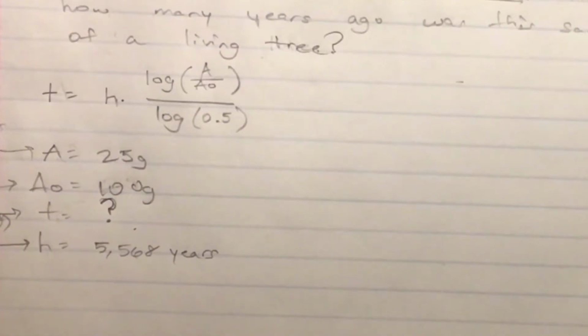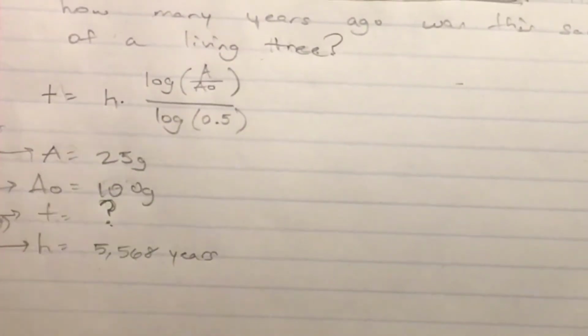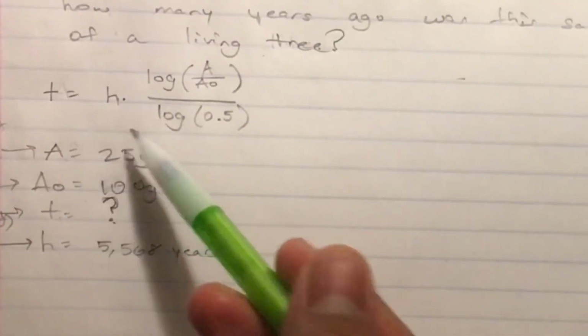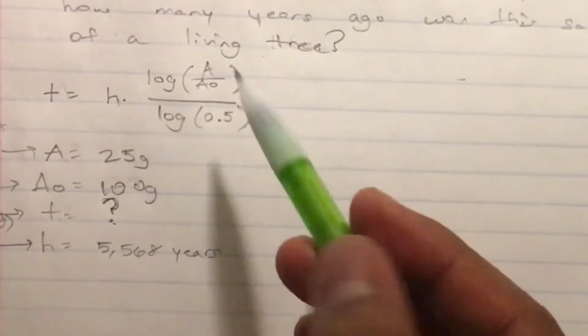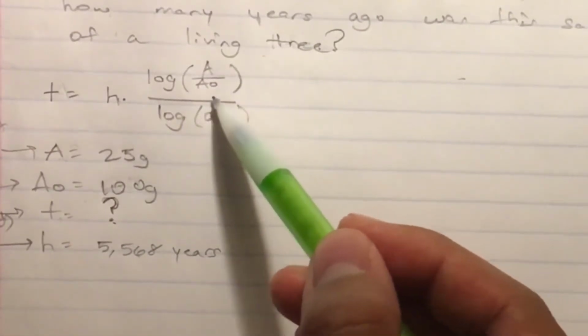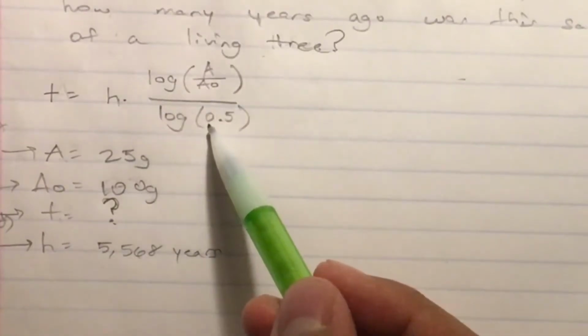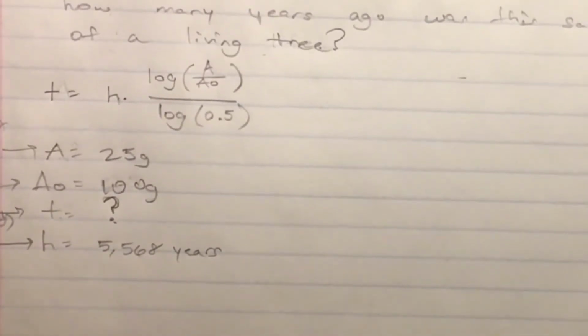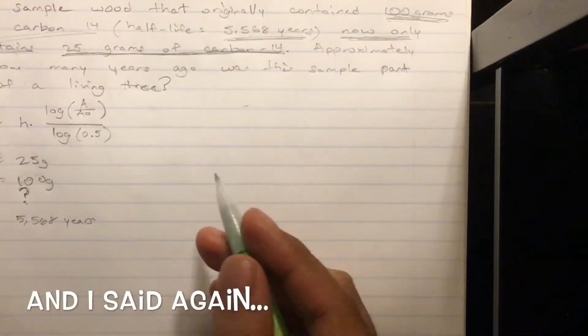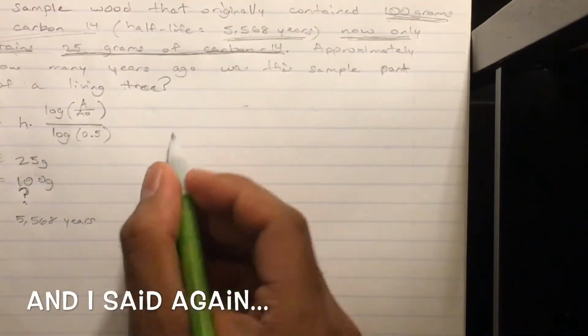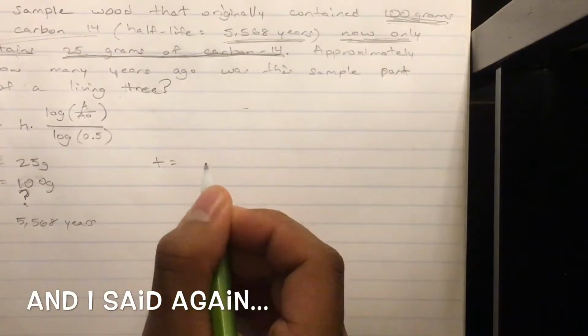Now all we have to do is use this formula. Time equals half-life times the log of the final amount over the initial amount, divided by the log of 0.5, or 1/2. And now all we have to do, well, is plug them in. So we don't know what T is.